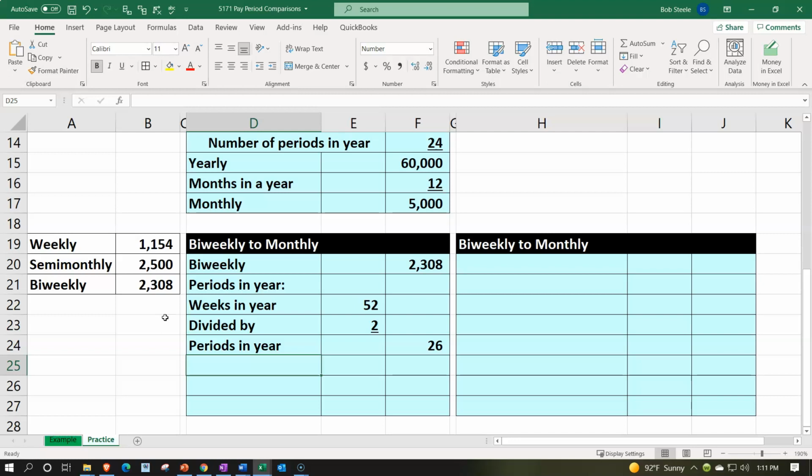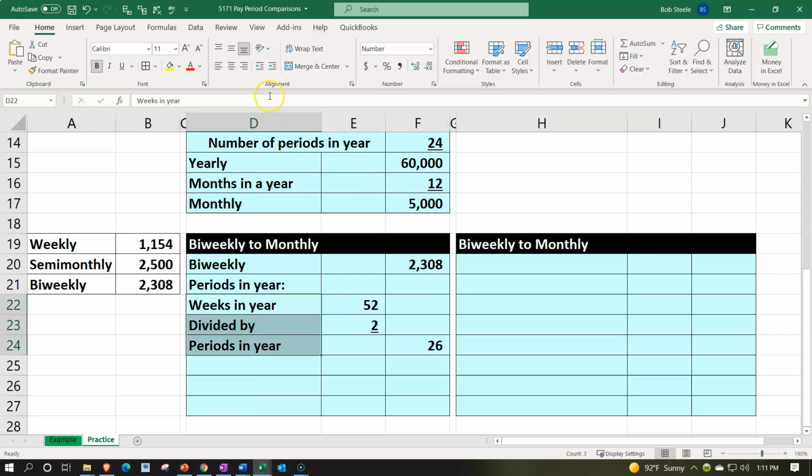When you're thinking bi-weekly, I think of it as how many weeks, 52 weeks divided by 2, and you get to 26. So you have more pay periods resulting in differences in the periodic pay, even though this is still going to come out to the total yearly salary, I believe, of the $60,000, if I did it right.